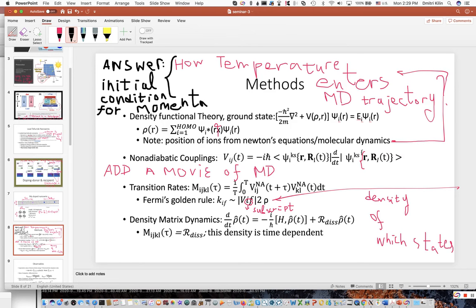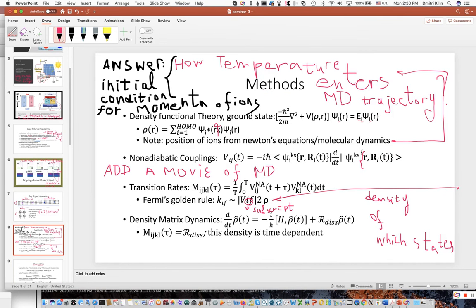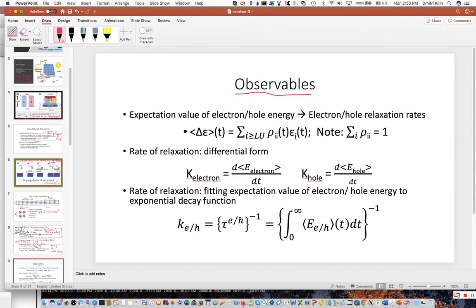Okay, so on slide 9, I tell you how I get my observables. Here I'm showing how my energy changes with time, and I'm simply adding all my orbital energies from Nemo to however much I have.